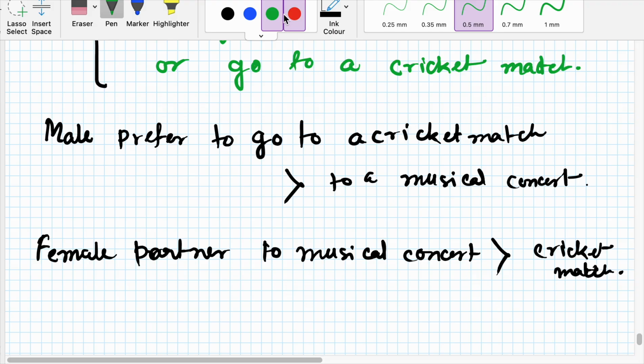However, both don't want to go separately, to two separate places.